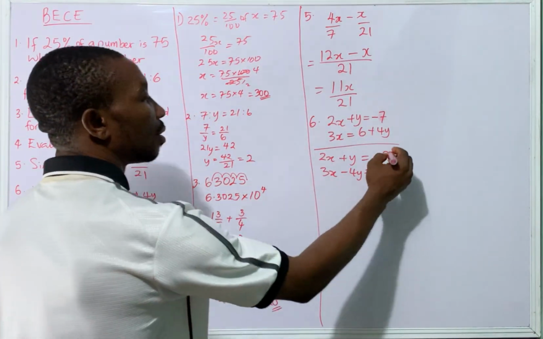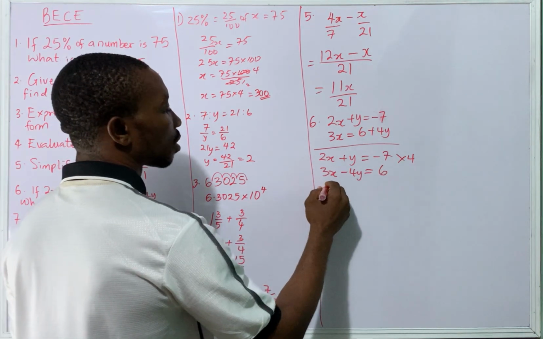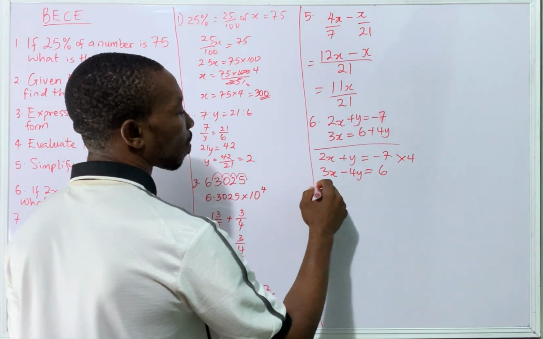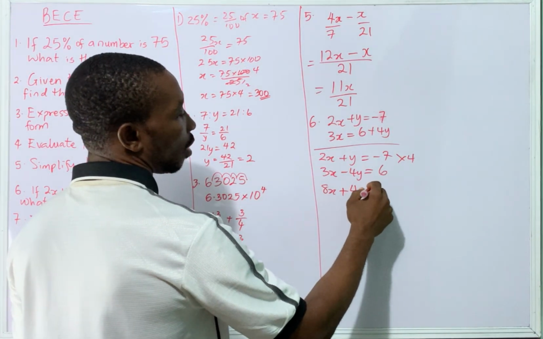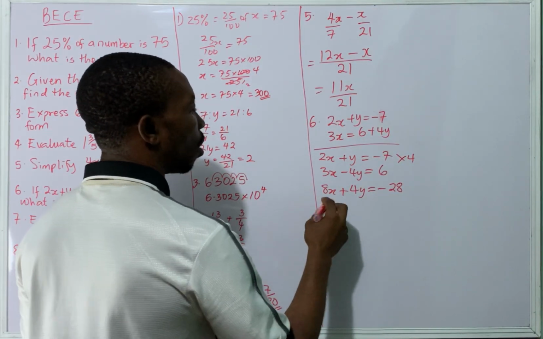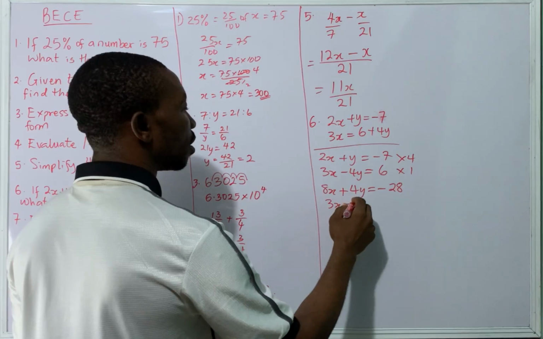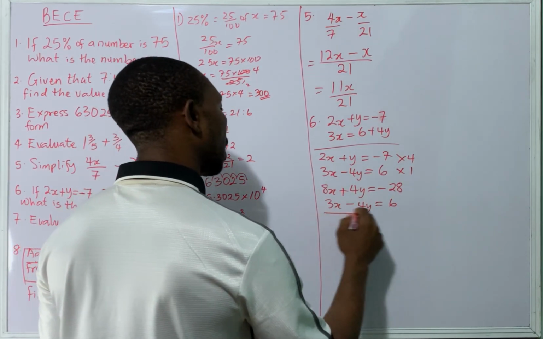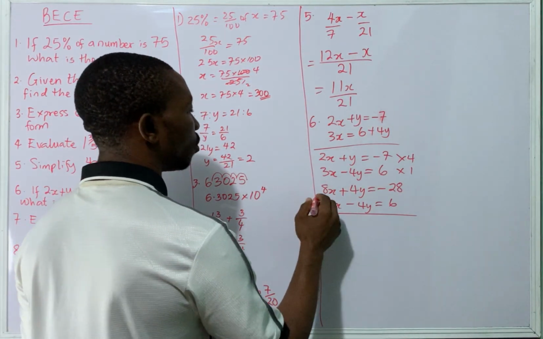So I make my y times 4 here. So this becomes 4 times 2x, 8x plus 4y equals minus 28. All right, so this is 3x, this is times 1, I'm not changing it, minus 4y equals 6. Now, I can now eliminate. Since they're having different signs, I do what?